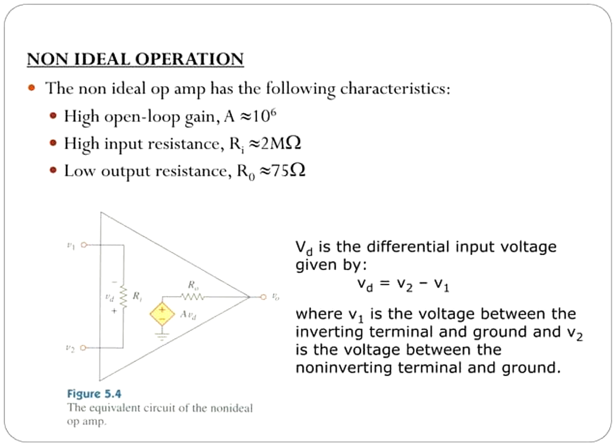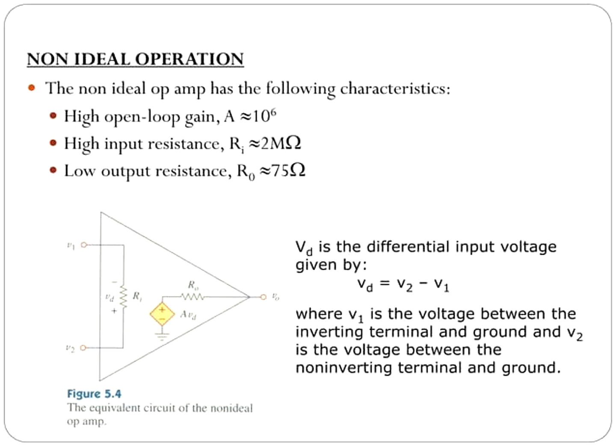In this non-ideal op-amp, we have the following characteristics. One is high open loop gain, which is denoted as A, and the gain should be in the range of 10 power 6. Similarly, high input impedance, because this input impedance will restrict the current flow applied from the input side.